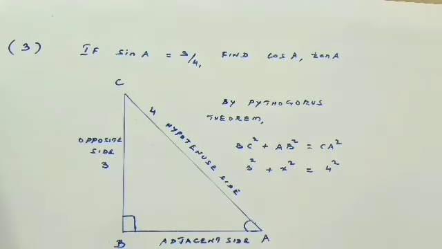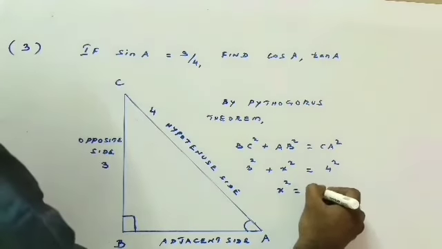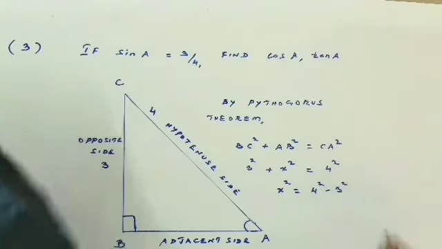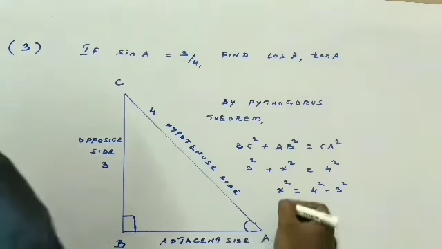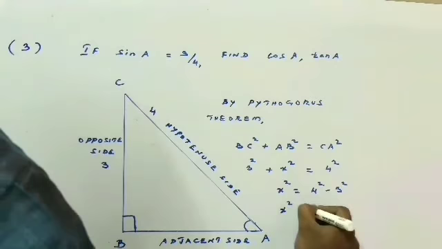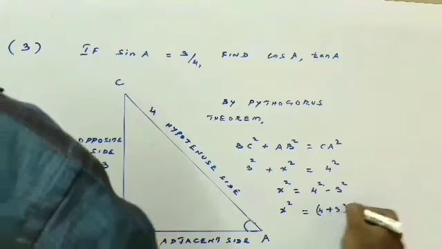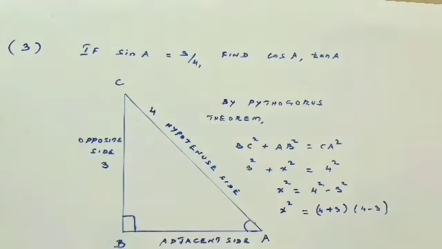We need the value of x square, so keep x square on the left side: 4 square minus 3 square. Now you can also use the algebraic formula a square minus b square equals a plus b into a minus b. So x square equals 4 plus 3 into 4 minus 3. 4 plus 3 is 7, 4 minus 3 is 1.